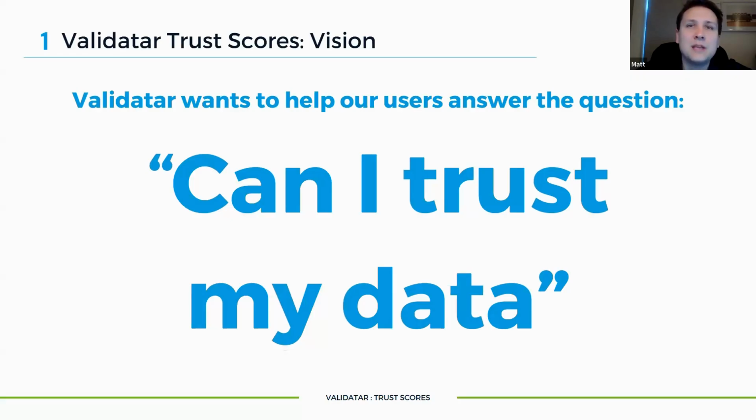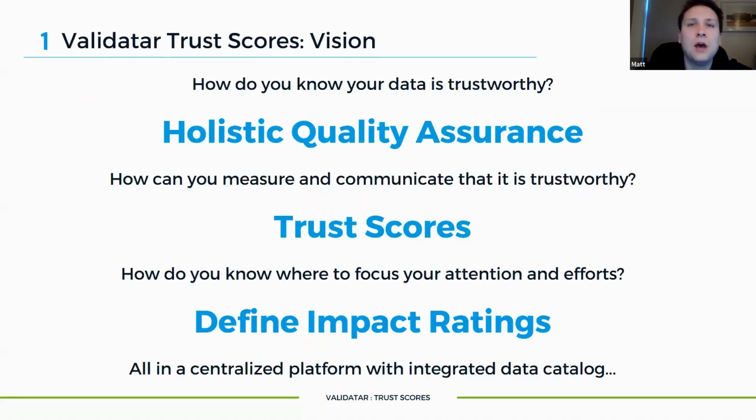And so that is what we are implementing, and we're trying to get a single trust score per object that really helps answer that question. As part of this, we think through, how does someone know that your data is trustworthy? We've been preaching for a while here about this idea of holistic quality assurance for data teams.